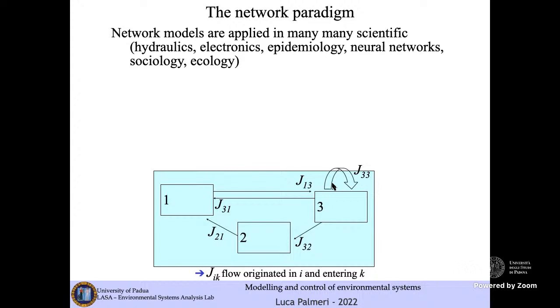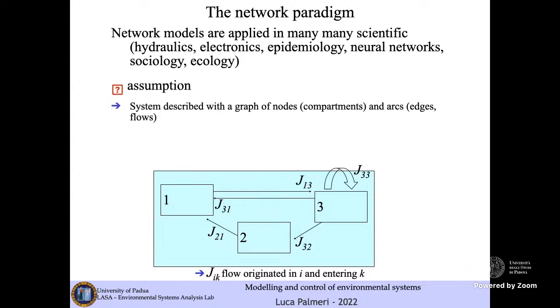And of course, internal recycling, as you may expect, is also an important aspect that has to be taken into consideration. What are the assumptions? Of course, the system is described as a graph of nodes, compartments, and arcs, edges, or flows, so boxes and arrows.